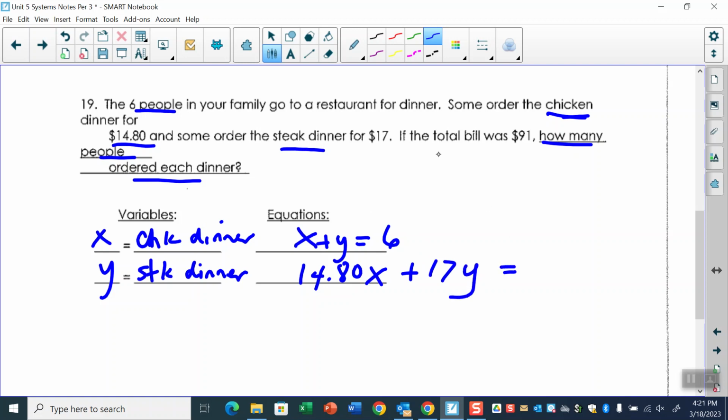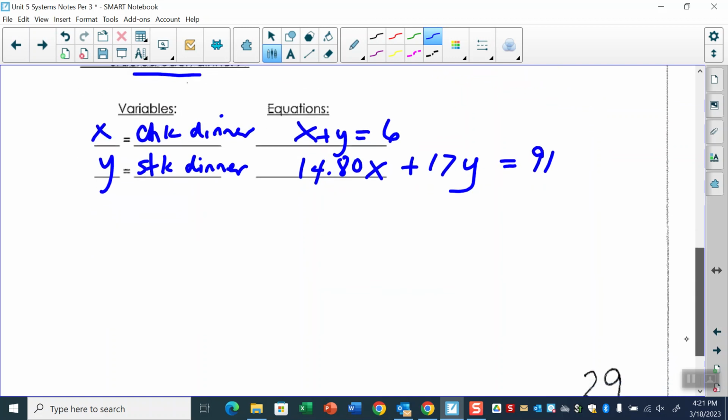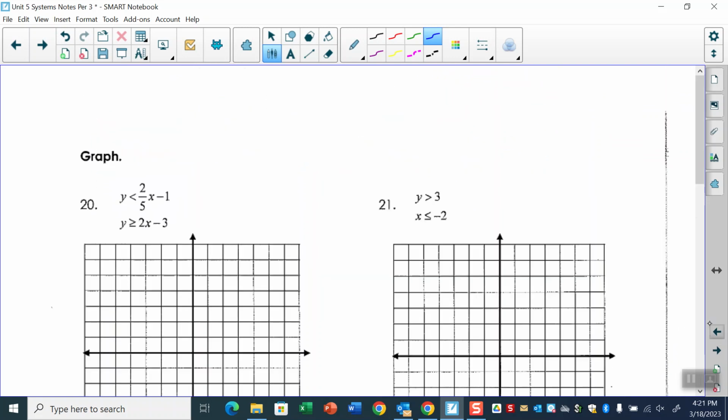And then the total, right, this is the amount of money, so plus the money equals the total bill was 91. Okay, and that is the total amount of money. And you just put that in Desmos and see where they intersect. And x is going to be the number of chicken dinners, and y is going to be the number of steak dinners.